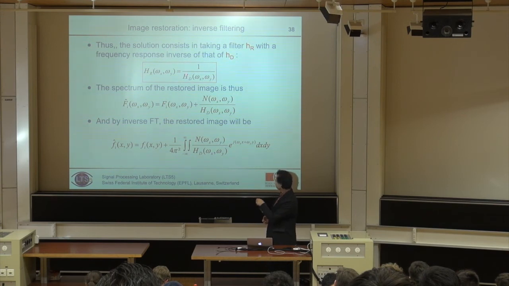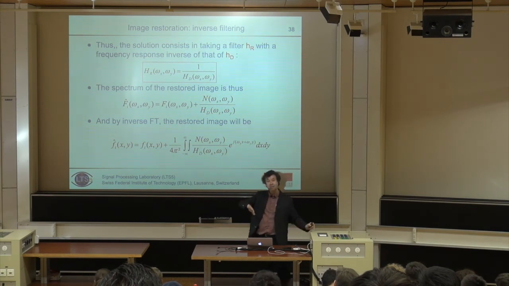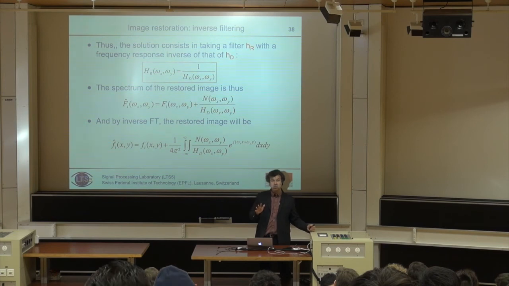And since I'm convolving my image by that filter, in the Fourier domain, I'm multiplying by that. And if I'm multiplying the spectrum of my observed image by that, this will undo the effect of the degradation filter. And I get that, plus noise. That's okay? So it's a good idea if I have no noise.